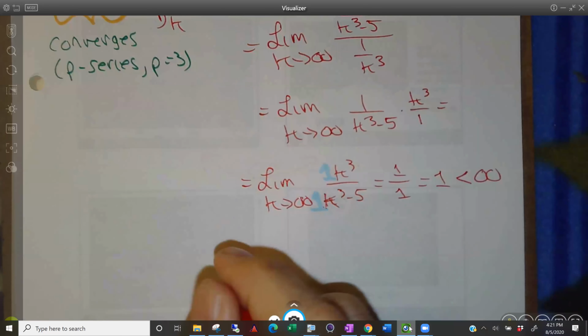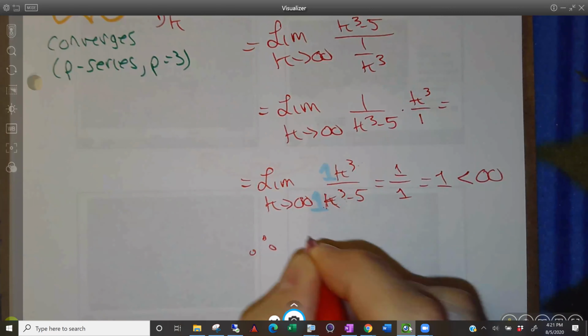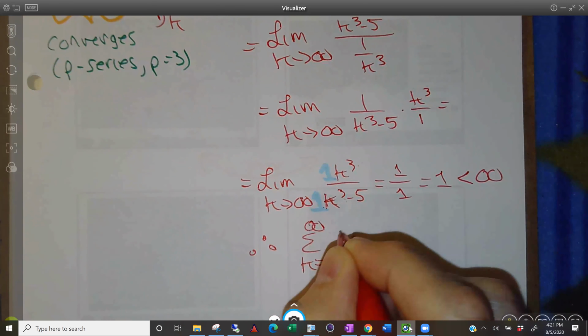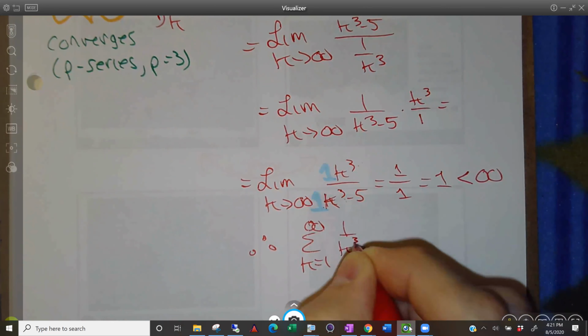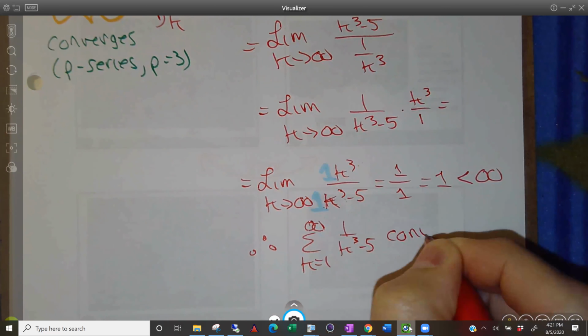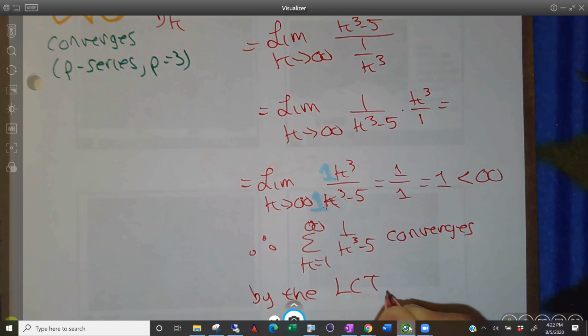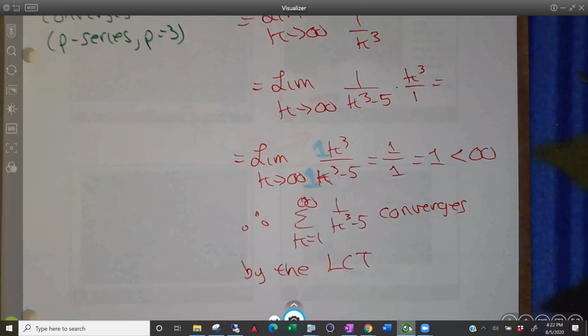So therefore, the summation k equals 1 to infinity of 1 over k cubed minus 5 converges by the limit comparison test, the LCT. Nice.